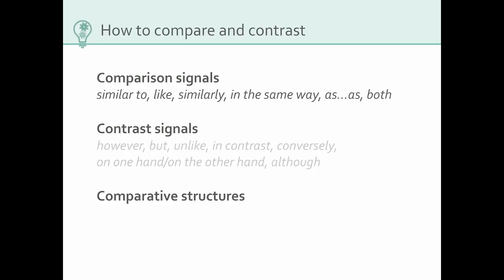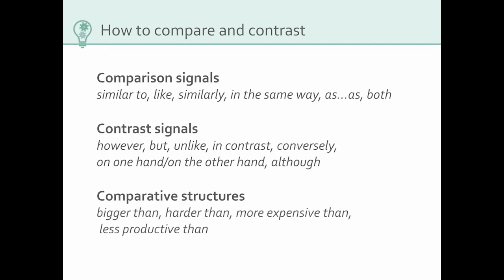Some signals used to contrast are: however, but, unlike, in contrast, conversely, on one hand, on the other hand, and although. Here are some comparative structures: bigger than, harder than, more expensive than, less productive than.